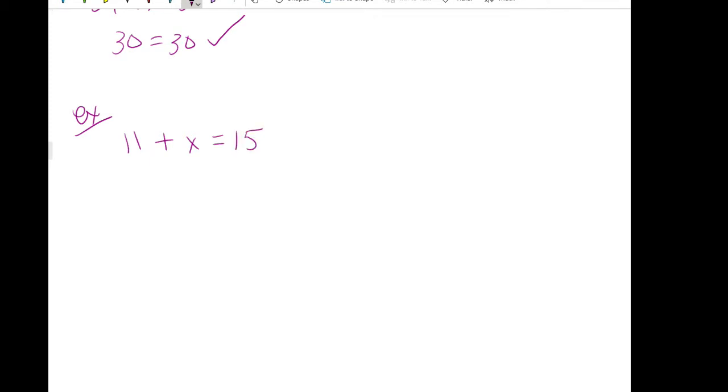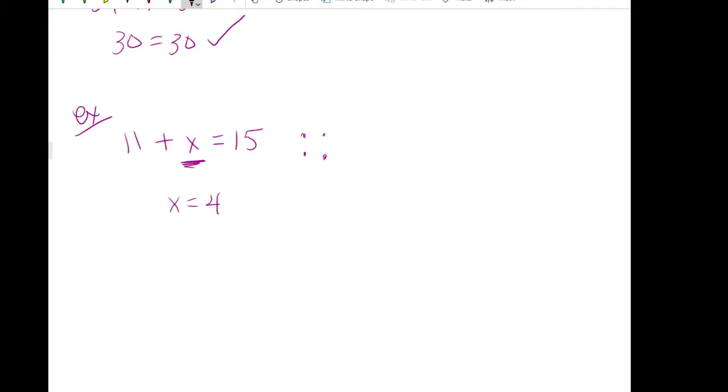And we want you to start thinking about what this unknown value could be, or what would I need to add to 11 to make 15? And hopefully you can see it pretty quickly, but if not, we can count up from 11: 12, 13, 14, 15. And I know that my solution is 4.